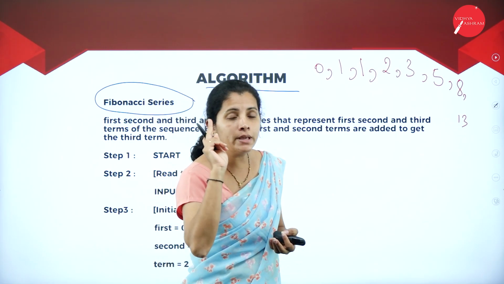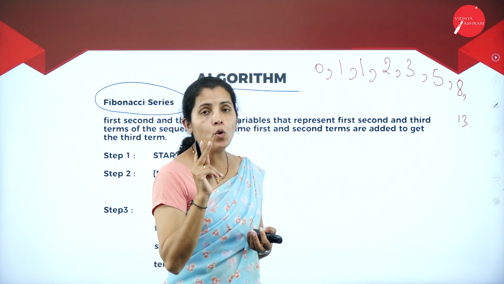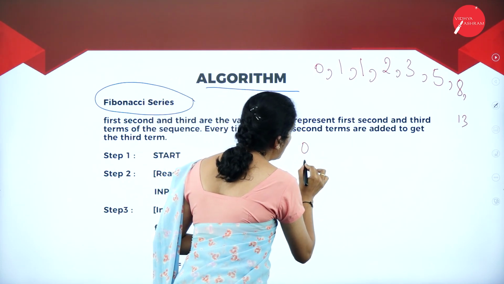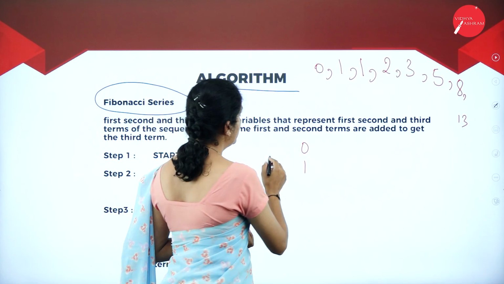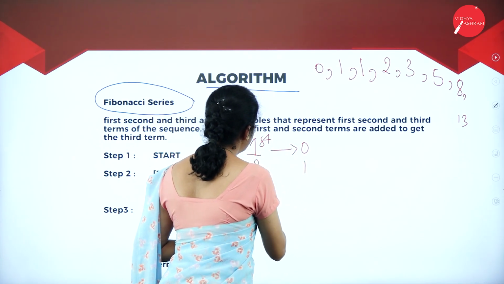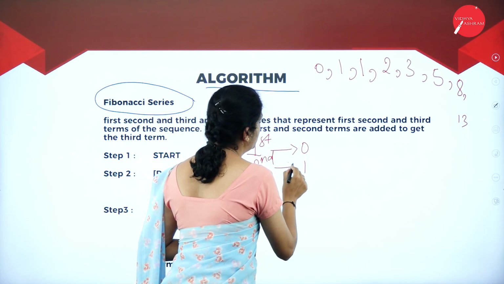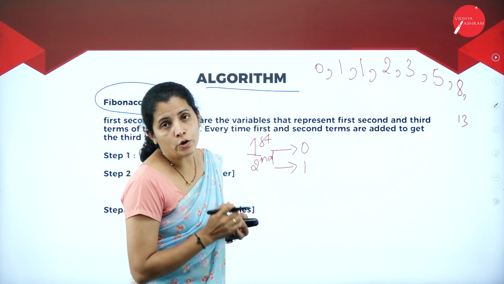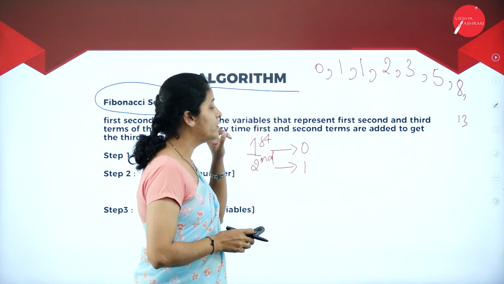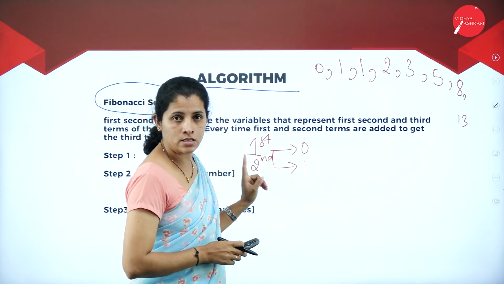That means at the beginning I'm going to have only two values, that is 0 and 1. So think that this is my first value and this is my second value. Now how I'm going to get third value? That is with the help of first value as well as second value.